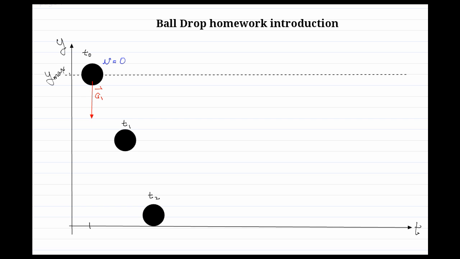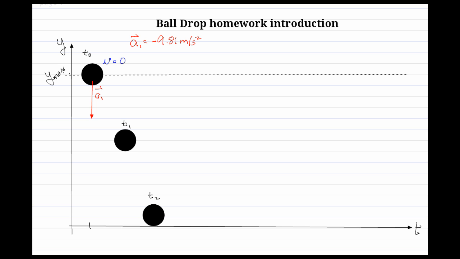Now, we do know something about the acceleration, and that is that A1 is equal to negative 9.81 meters per second squared. That's the acceleration due to gravity. It's negative because it's in the negative y direction.